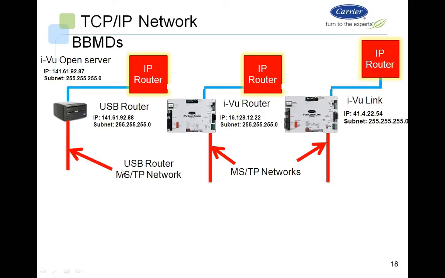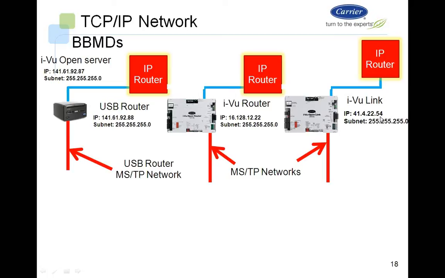In this case, the IP address is 16.128.12.22, and we have an iView link under a third network router at 41.422.54. These three devices are all on different subnets.